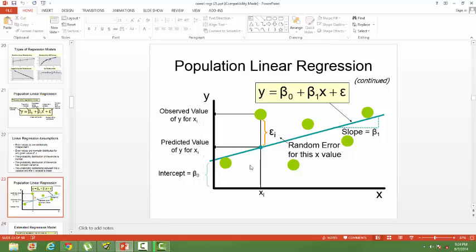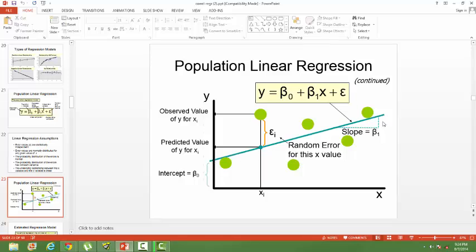Here, as you can see, the difference between this line, the regression line, and the actual data point is known as the error. All we are trying to do here is generalize the relationship between x and y. We are saying that the perfect relationship cannot be established, but there is some relationship which is very close.